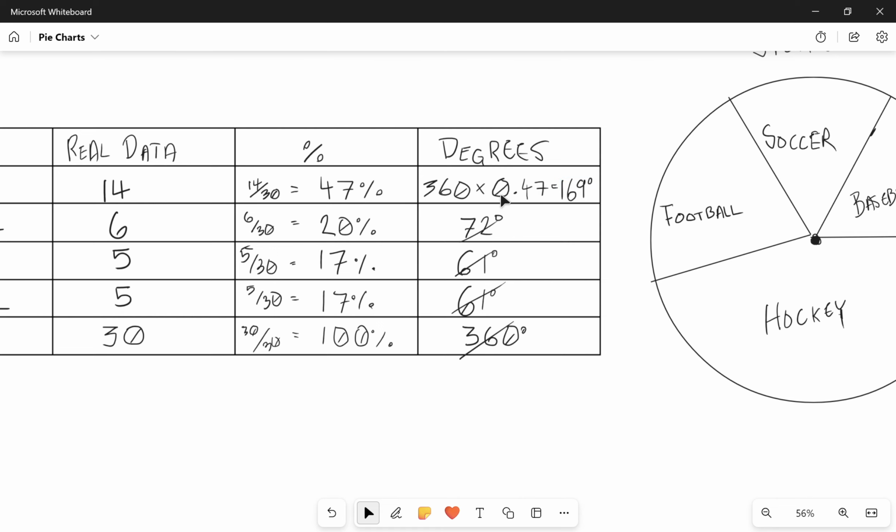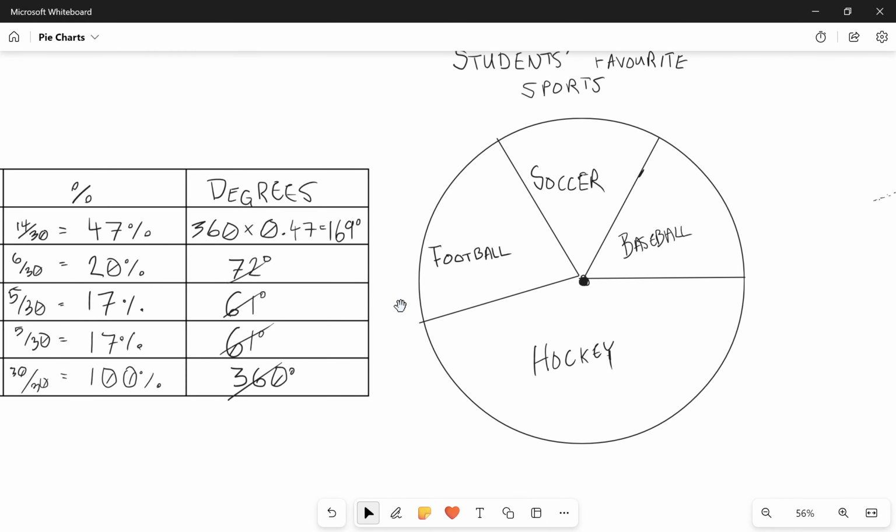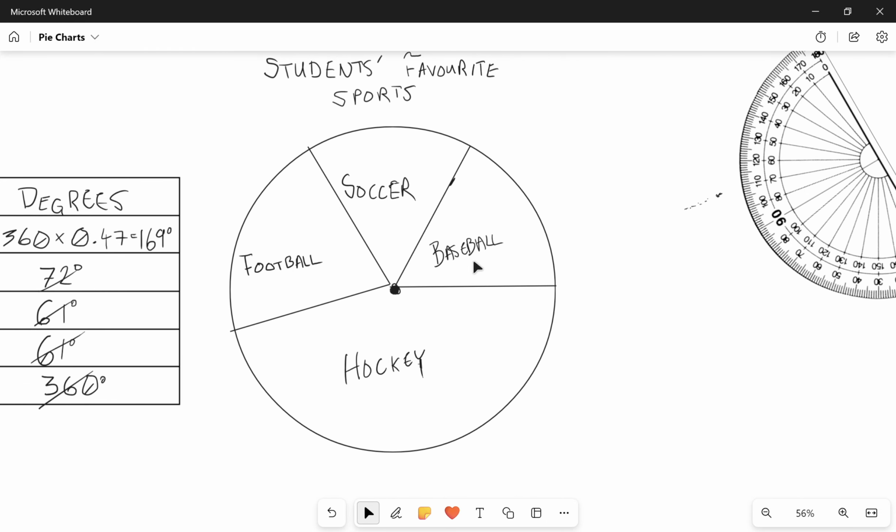We did that for all of our degrees, and that enabled us to begin on our actual chart, where we used a protractor and the degrees that we found to start with one line, measure out our degrees, draw the second line, and then we moved our protractor to align with that line, measured our degrees, drew a new line, and we moved our protractor, always working with the new line, until there wasn't anything left to do.